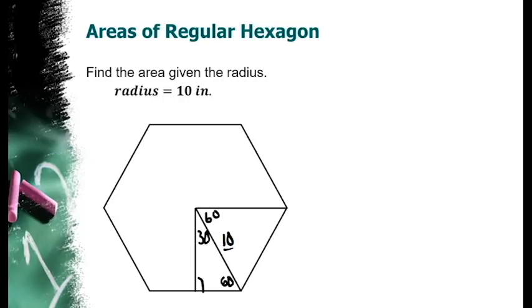So if our 2x side is 10, that means our 1x side is 5, and our x root 3 side is 5 root 3.